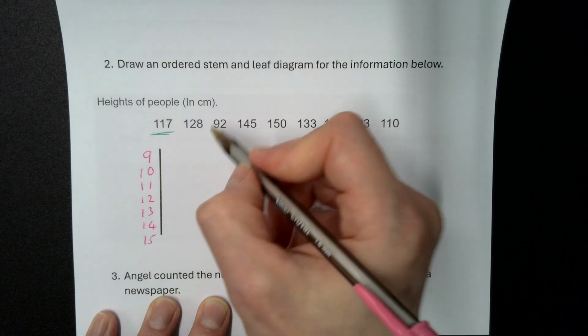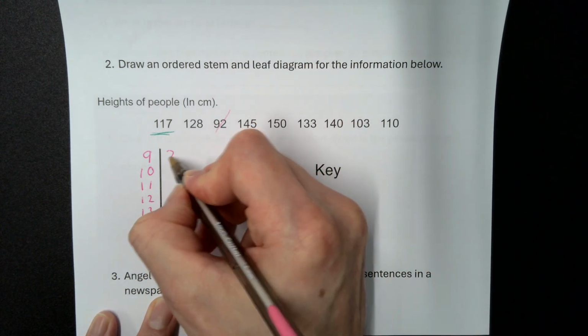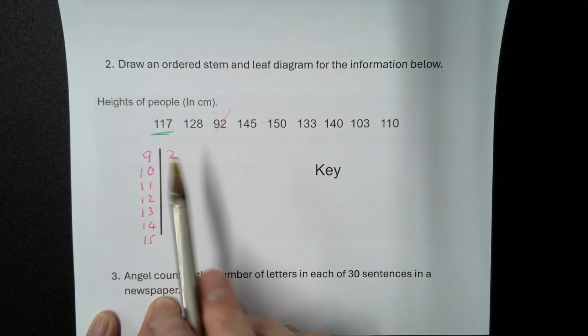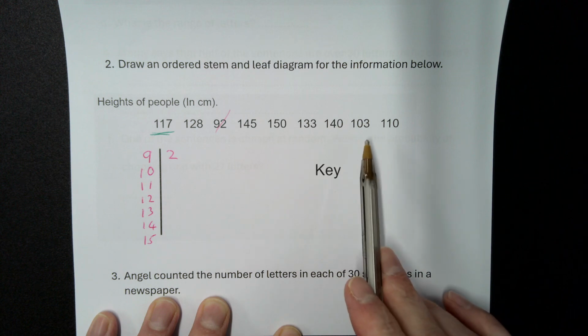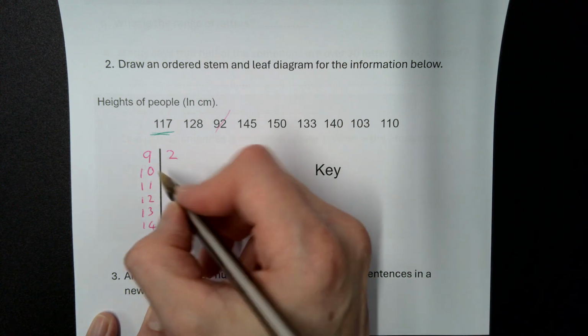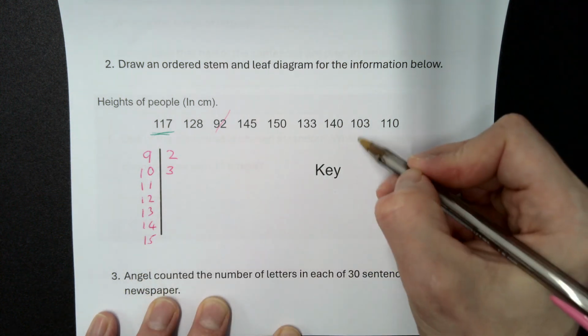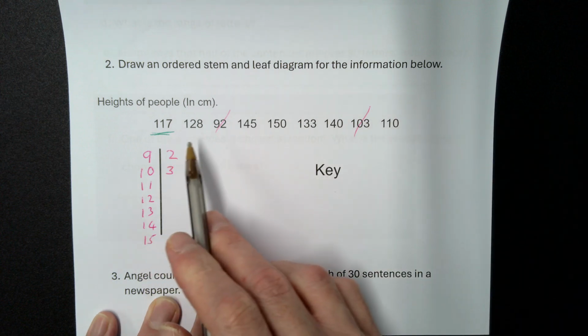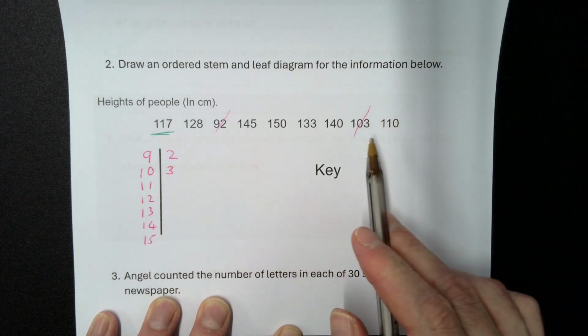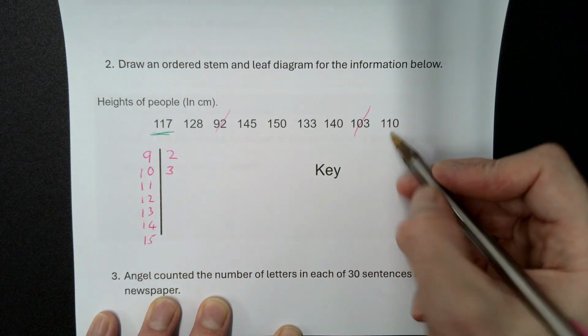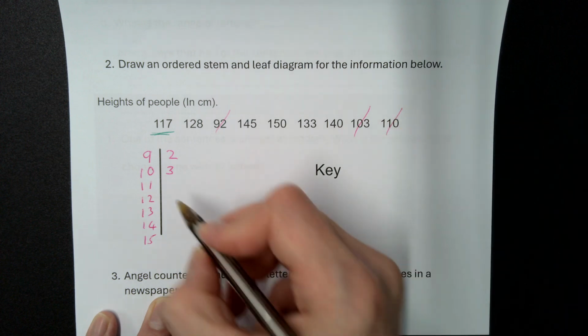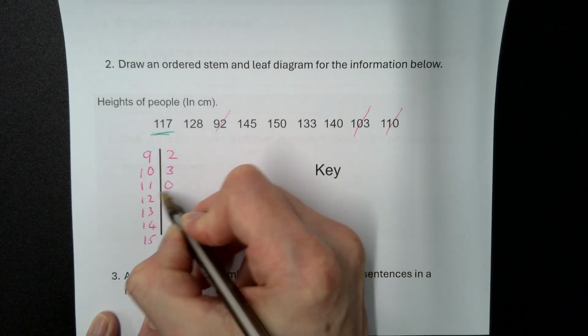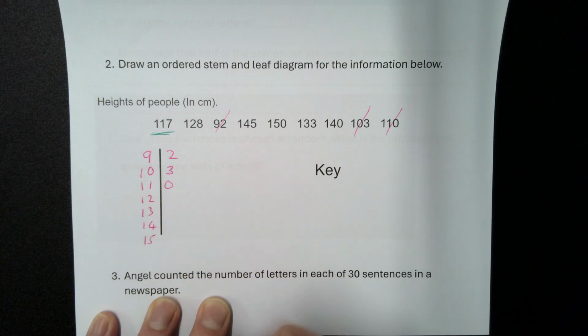So our smallest number is 92. We put a 2 in the 90s. Our next smallest is 103. So that's your hundreds, and we put the 3 on the end. Okay, there's no more that's less than 110. So 110 is the next one. You put a 0 next to there. That reads 110.